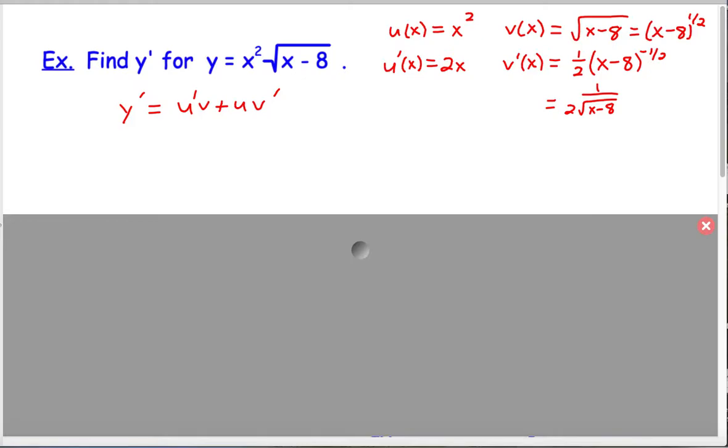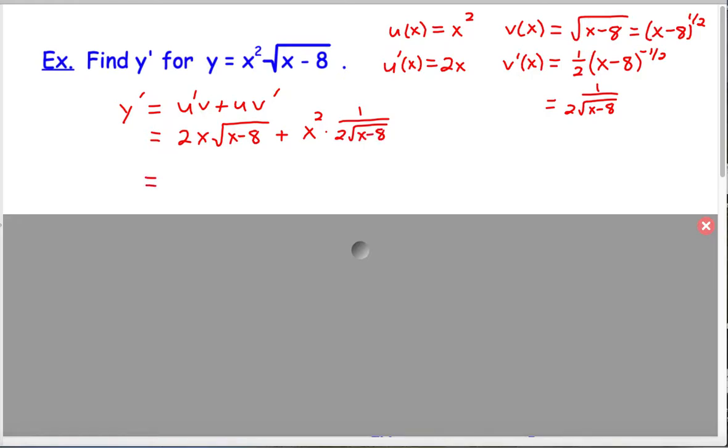So now let's apply that to this problem. So u prime is 2x times v, v was the square root of x minus 8, plus u, which is x squared, times v prime, which was 1 over 2 times the square root of x minus 8.